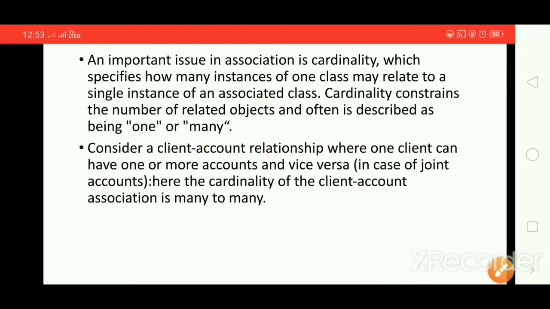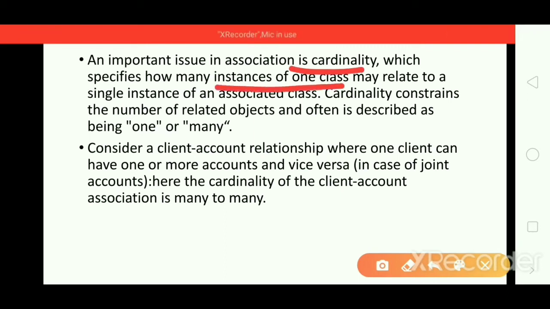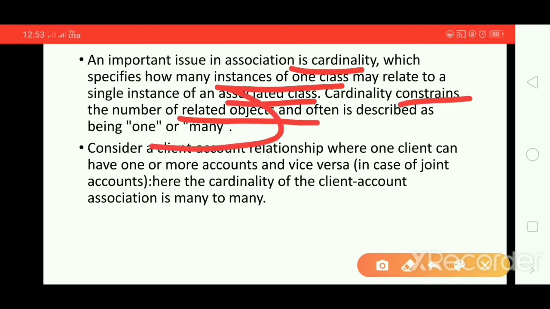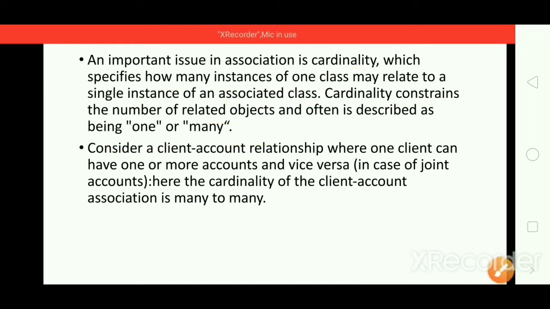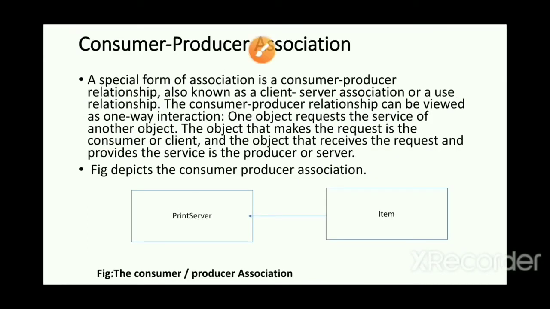That is cardinality, which specifies how many instances of one class may relate to a single instance of an associated class. Cardinality constrains the number of related objects. Often it is described as being one or many. This is cardinality.